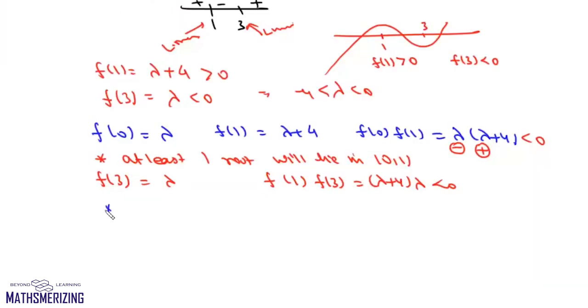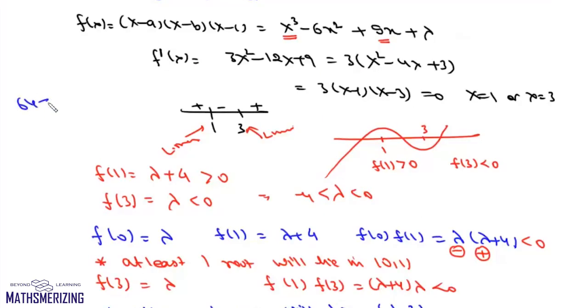So from here also we can say at least one root will lie in the interval (1, 3). And now if we find f(4), it will be 64 minus 16 into 6, that is 96, plus 36 plus lambda.